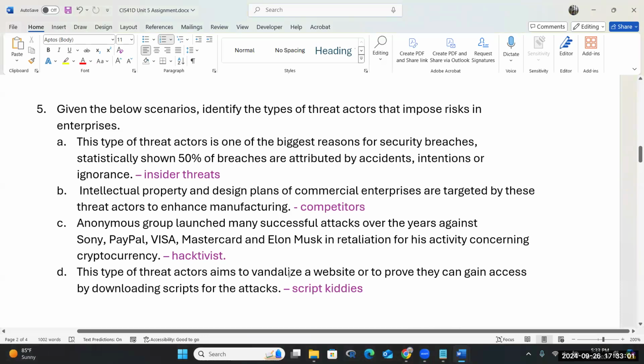They do it sometimes for the high or to claim that they could do it. So this is the script kiddie. And they tend to be more dangerous because they just don't understand the further consequences of how their attack can impact the overall. It's more of a short-term type of attack.